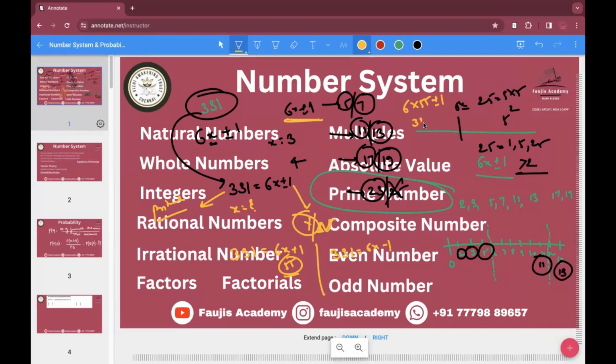That means using plus you will get one answer, that is 331, and using minus you will get 329. Your task is to find out whether or not 329 is a prime number. How will you find out? I told you, you will take the nearest square root of it, even if it's not a complete square number.